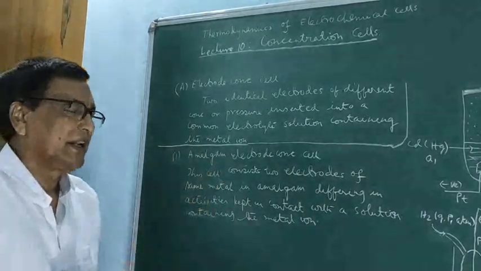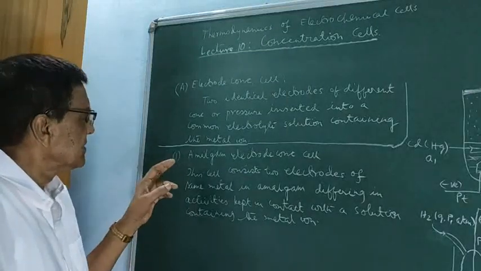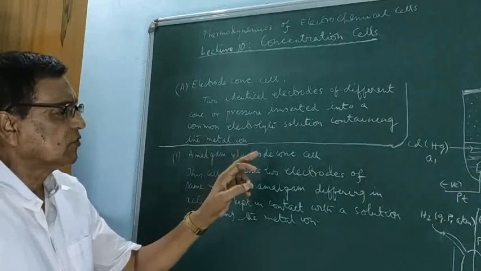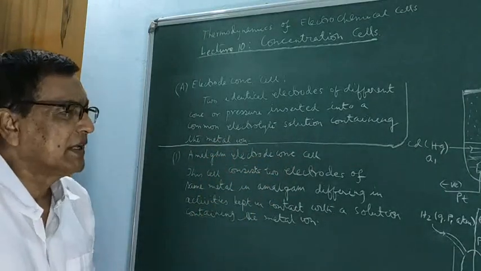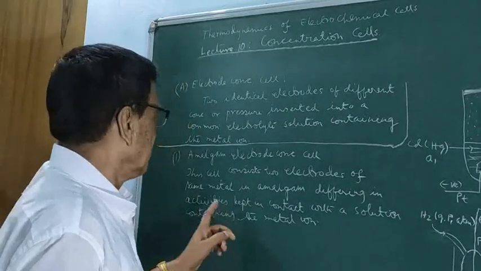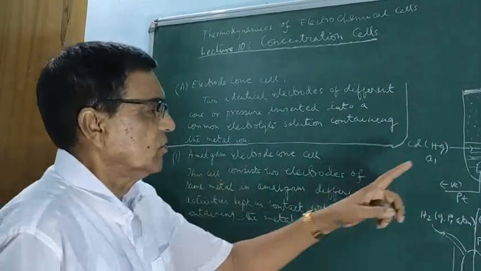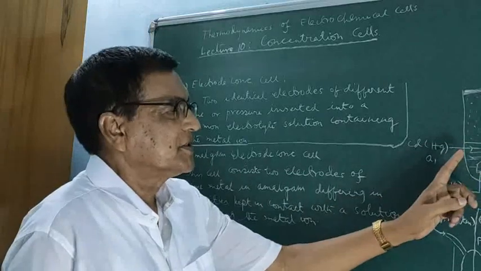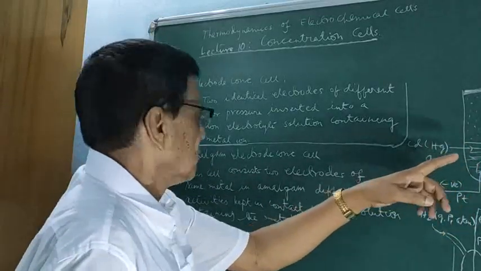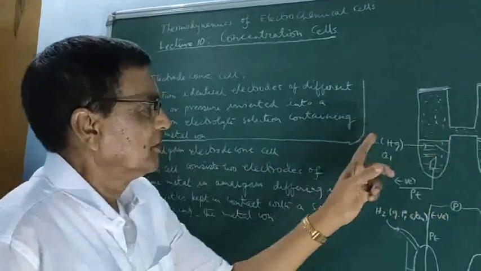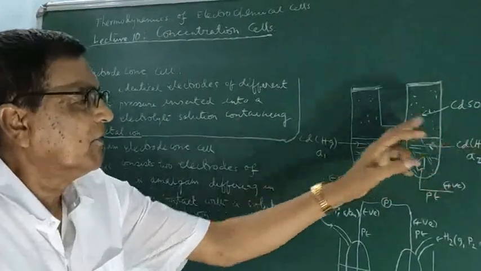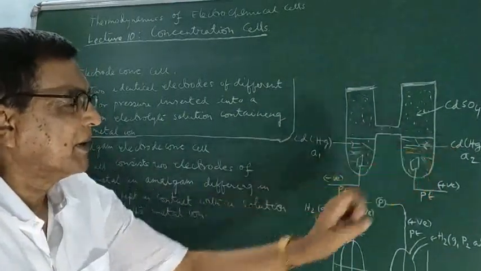First I shall discuss the amalgam electrode concentration cell, where the cell contains two electrodes of the same metal, cadmium dissolved in mercury, forming cadmium amalgam.